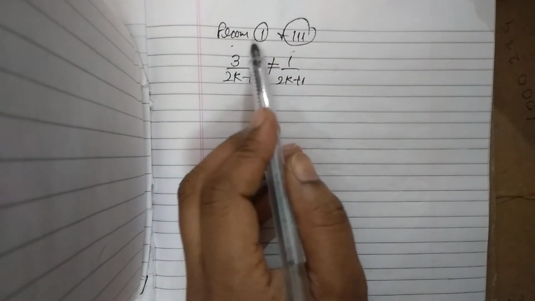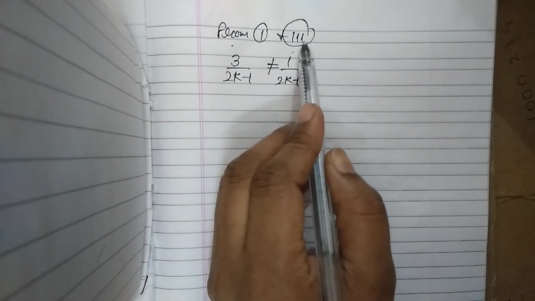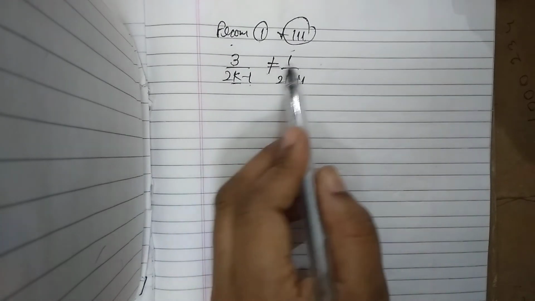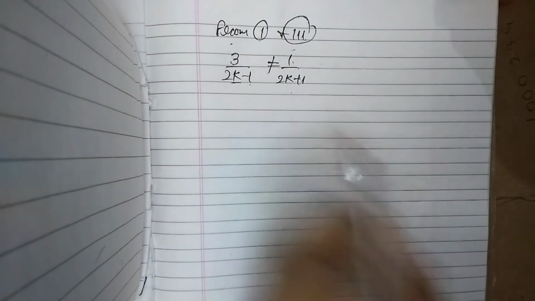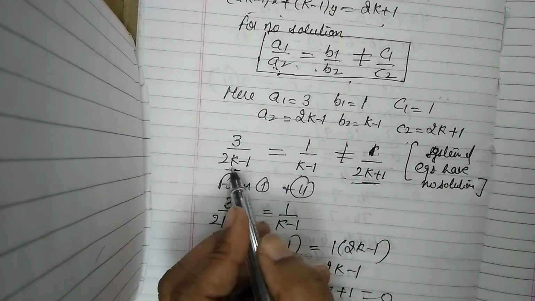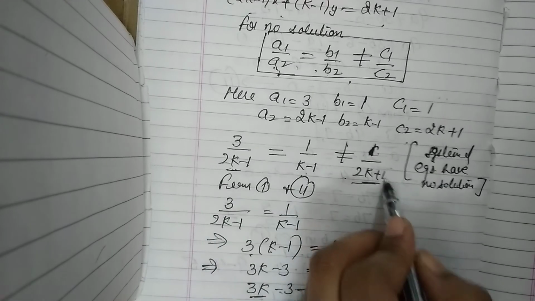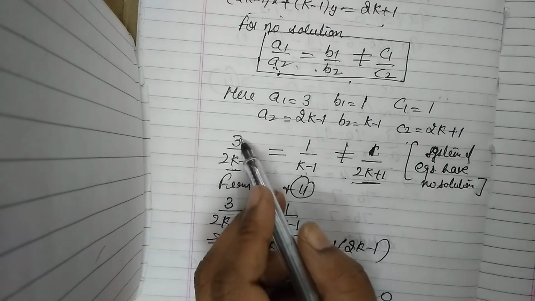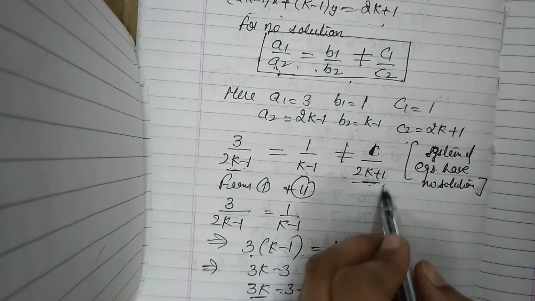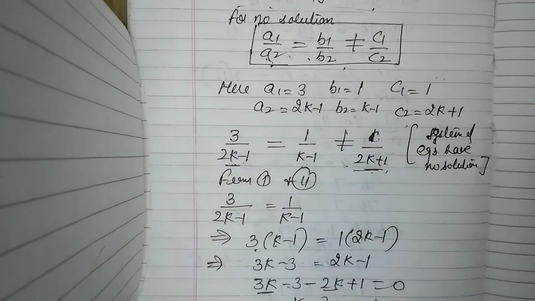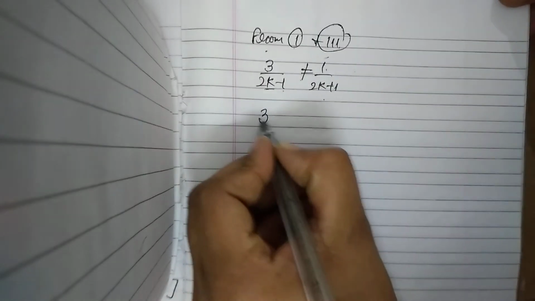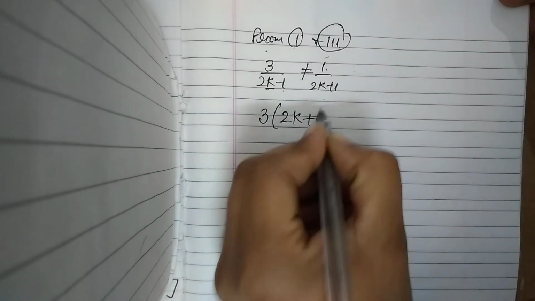Now I am taking equation 1 and 3rd. Now 3 upon 2k minus 1 is not equal to 1 upon 2k plus 1, because we are given no solution. The first term is equal to the second term, which is not equal to the third term. So 3 upon 2k minus 1 is not equal to 1 upon 2k plus 1. It is a very important step. Now by cross multiply, 3 multiplied by 2k plus 1.